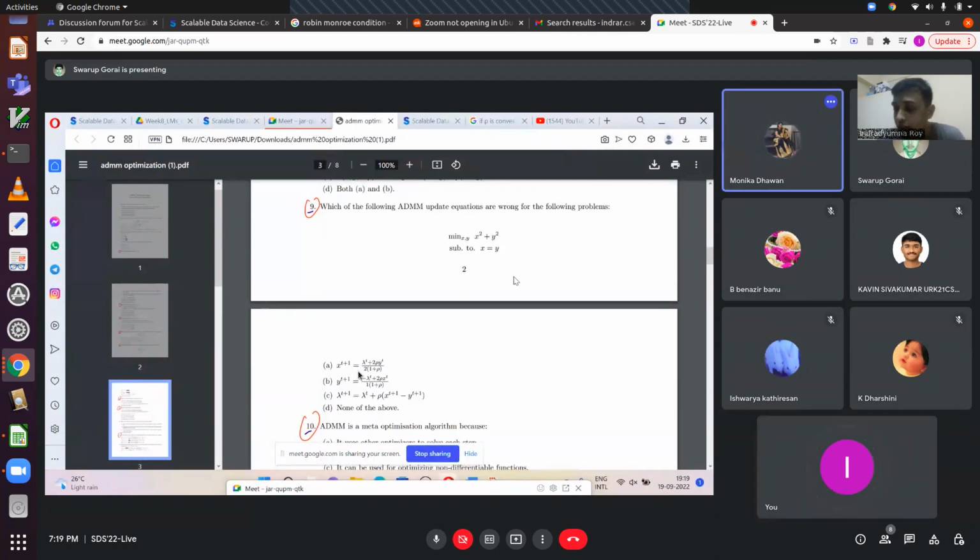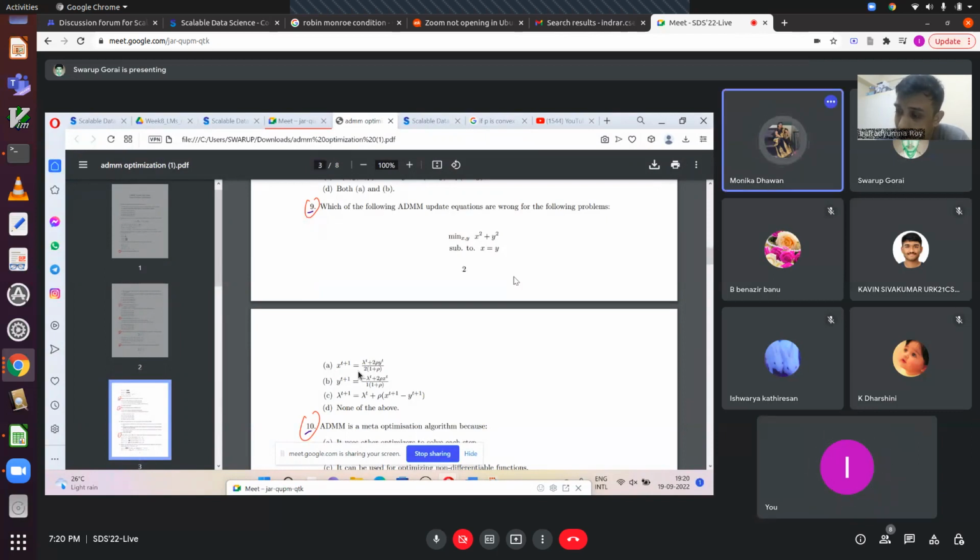Okay. So now if you take the gradient with respect to x, x square becomes 2x, plus 0, since y square is 0, plus lambda. Lambda only, since x minus y just becomes 1, nothing else. Plus 2 rho in bracket x minus y, right?